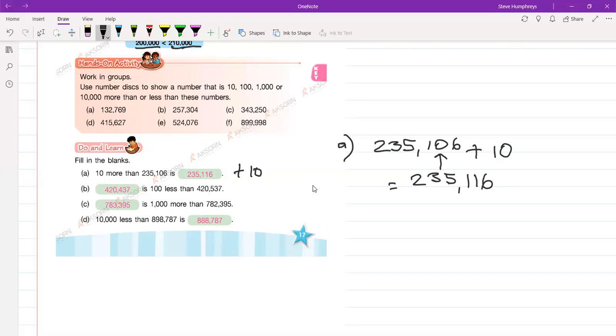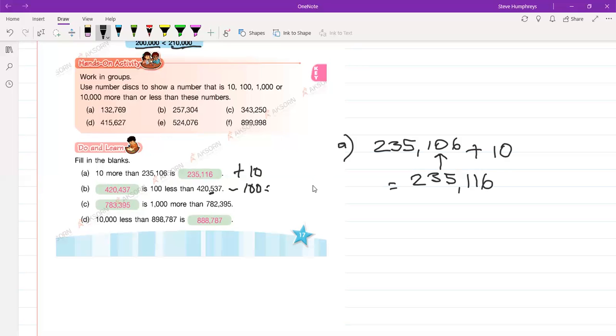B, you're going to subtract 100. What number is 100 less than 420,537? You're going to subtract 100 from this number and write the answer in there.